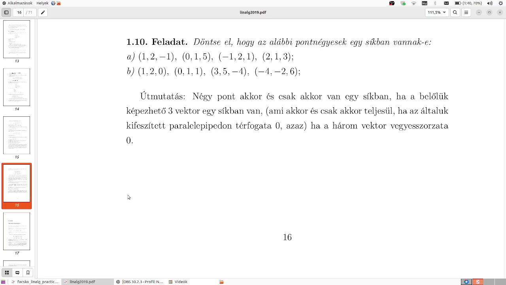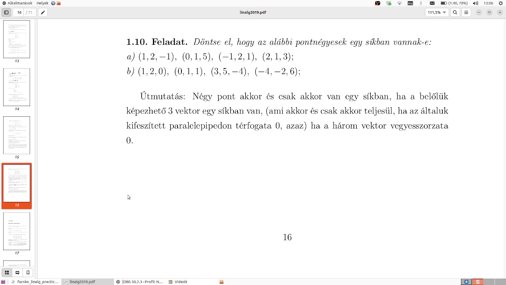And to decide whether they are in the same plane, we make vectors from the positions. The positions are location vectors. The positions are given by vectors also.